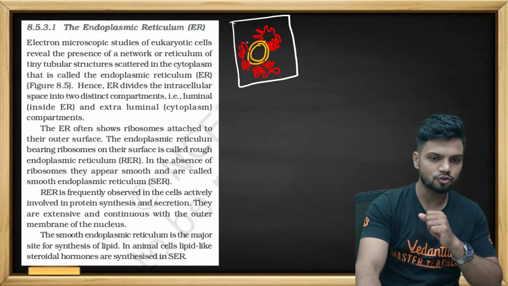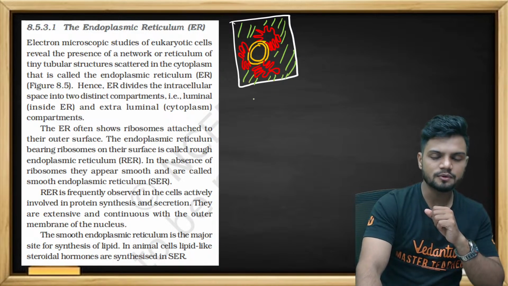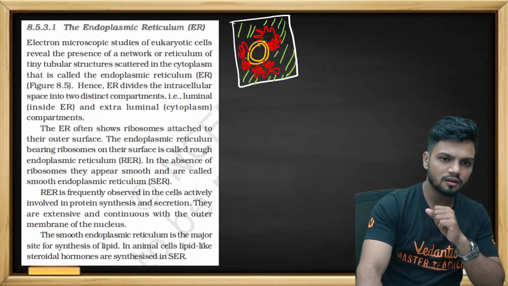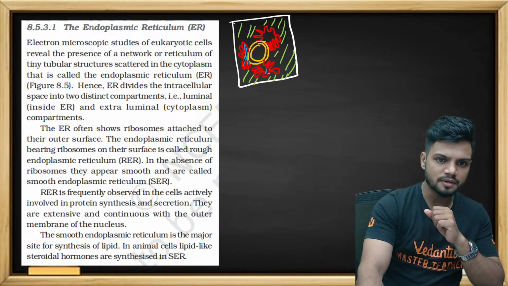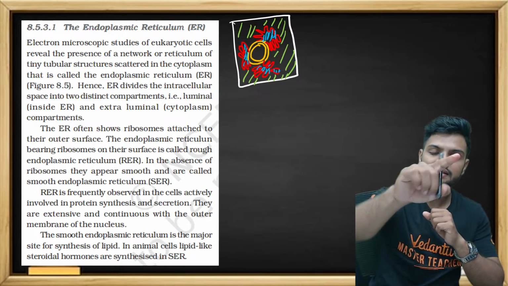Okay, so now the entire cell is divided into two parts. Can you see the green part where endoplasmic reticulum is absent? There are some parts where endoplasmic reticulum is present, the blue color part, right?